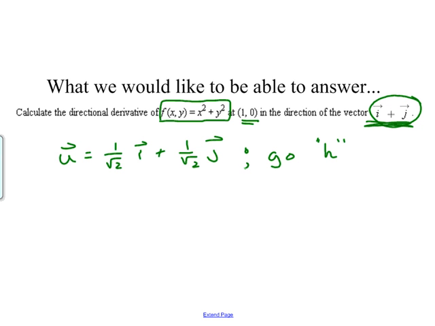So when I go some little distance h, my change in x is going to be 1 over root 2 h, and my change in y is going to be 1 over root 2 h as well.